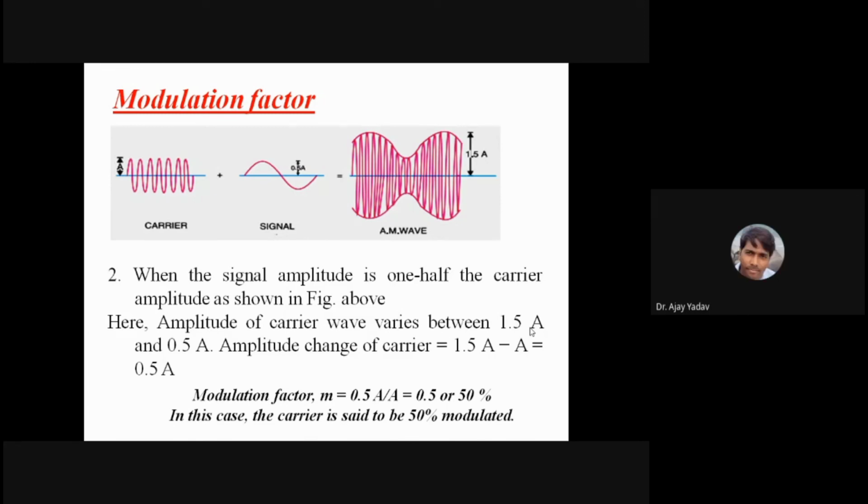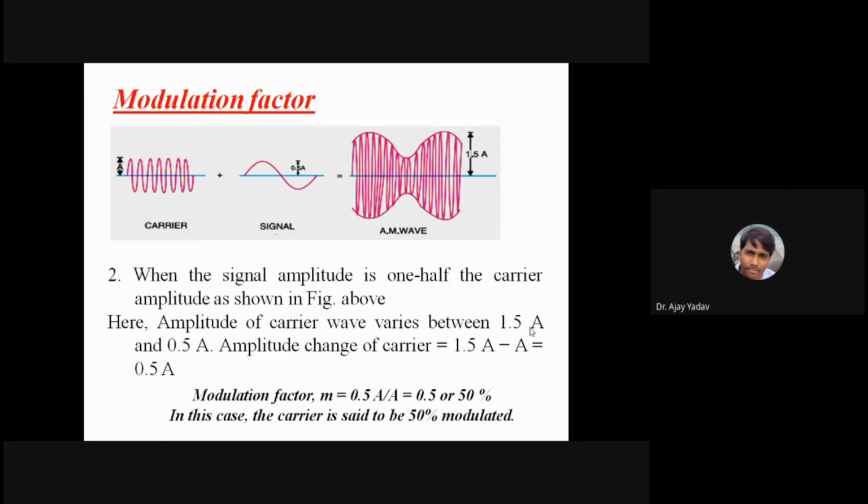FM is from 88 megahertz up to 108 megahertz. 91.1, you must have heard, no? Usually we don't say mega, we just say 91.1. You tune to 91.1, you tune to 93.5. But usually FM is in megahertz, AM is in kilohertz.